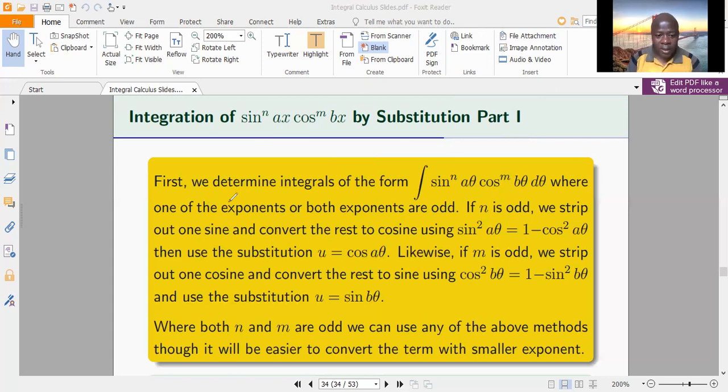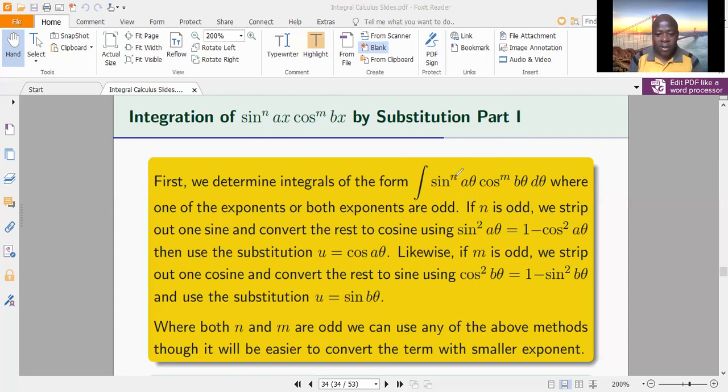So that's what I've just stated here. We're integrating products of sine a theta raised to n and cos b theta raised to m d theta, where one of the exponents, either n or m, is odd, or they're both odd. Now I want to state the rules that I'll be considering.